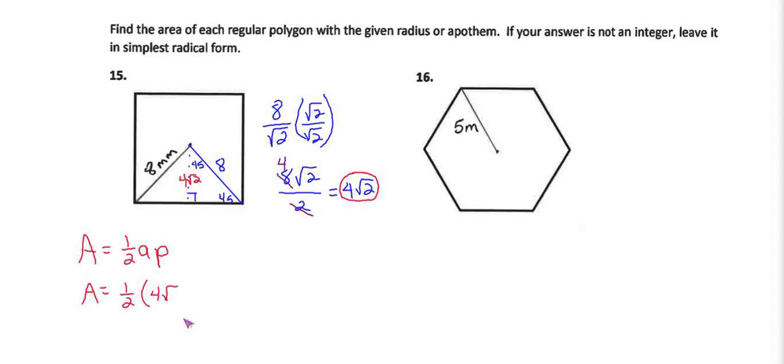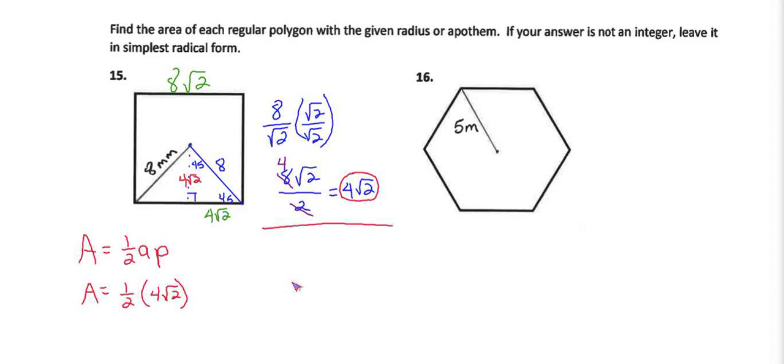Now we don't have the perimeter yet. Let's find the perimeter. The perimeter is the side length times 4 in this case. Well, notice if this is 4 times the square root of 2 for the other leg of the 45, 45, 90, then the entire side would be 4 times the square root of 2 plus 4 times the square root of 2. So this side is 8 times the square root of 2 all the way across.